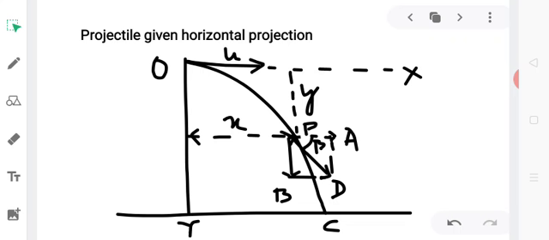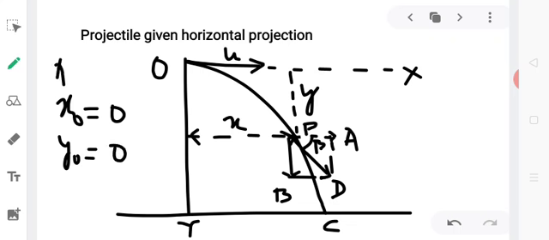Suppose an object is projected from the point O above the ground with velocity u horizontally, that is along OX, such that x0 is equal to 0 and y0 is equal to 0 at t equal to 0.